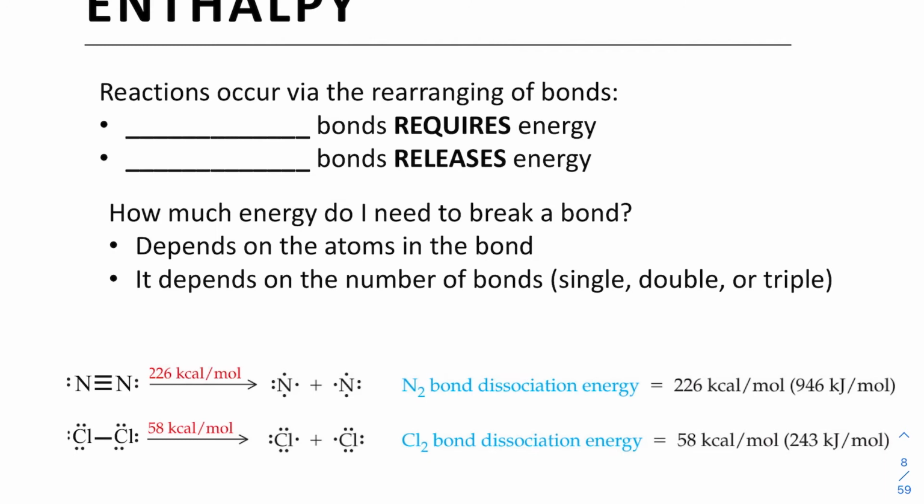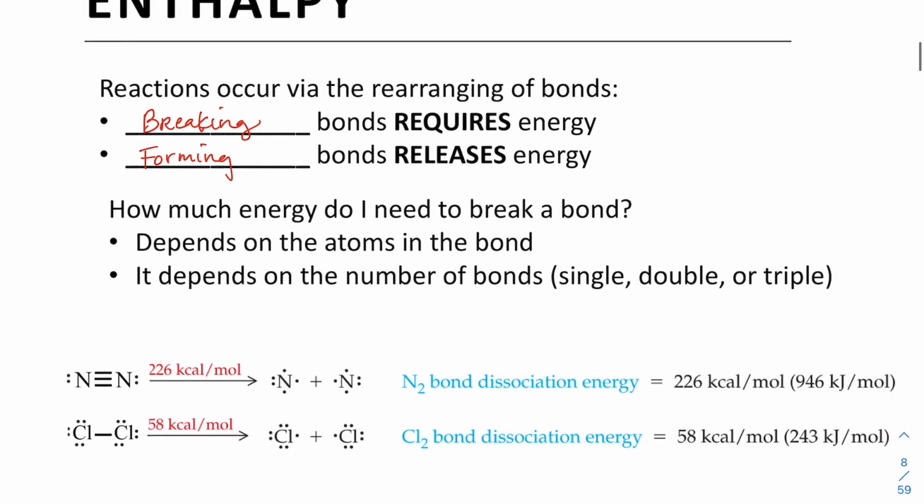So we're going to fill in these blanks just below. Now the first one is the word breaking. Breaking bonds requires energy, an investment of energy into the chemical to break the bond. And then forming bonds releases energy. These are opposite processes, and there's an opposite transfer of energy.